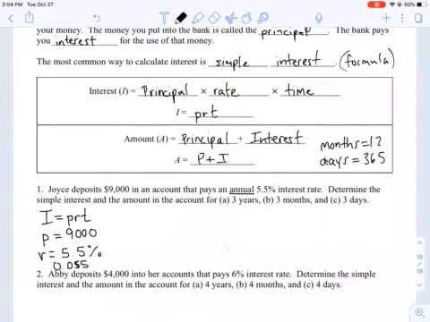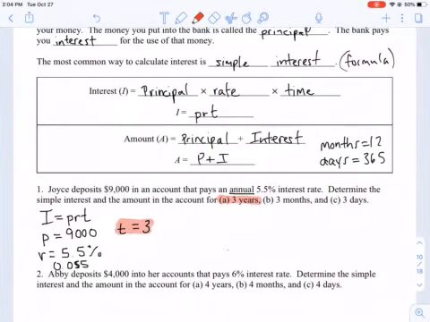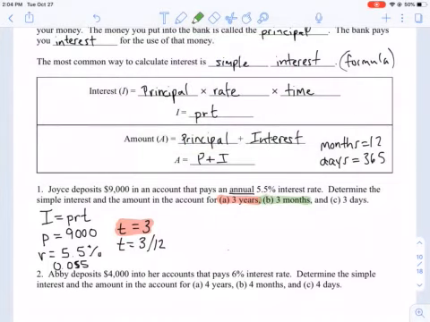So if we look at our first one, our time is just 3 because we're talking about 3 years. In the next one, we're talking about 3 months. Well, that's 3 out of 12. And then our last one, we're talking about 3 days, or 3 out of 365. So we're going to get 3 different answers.